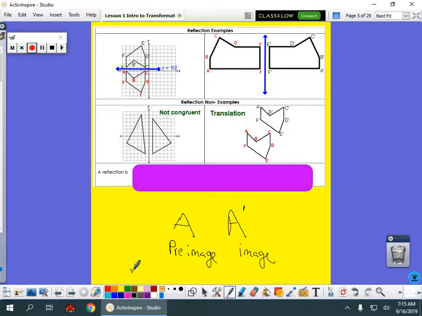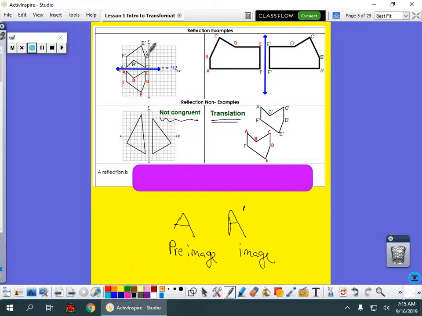All right. Hopefully you guys had some time to talk. I apologize, I had some hints up here. These ones are not congruent, so they're not the same size or same shape. This is a translation. The orientation stayed the same. It moved up and over. But a reflection changes the orientation of it.